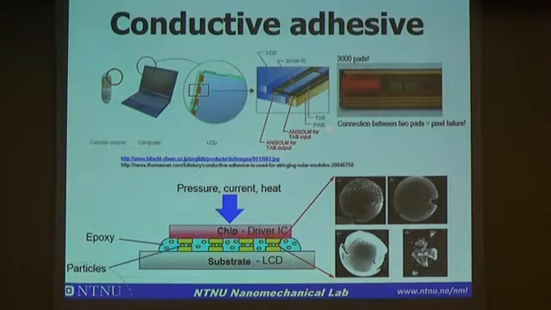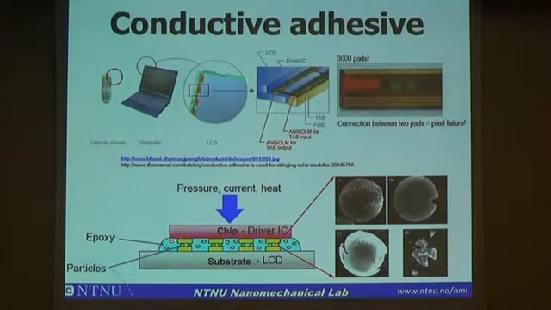And there are some numbers here: in this 3 centimeter long circuit, we have around 3,000 pins. Each pin size is around 30 micron. And this is how one pin looks. We have the particle here, usually between 3 to 10 micrometer, with the very thin metal coating around 100 nanometer.